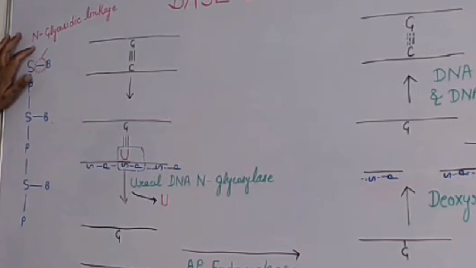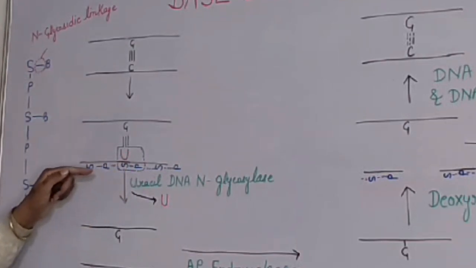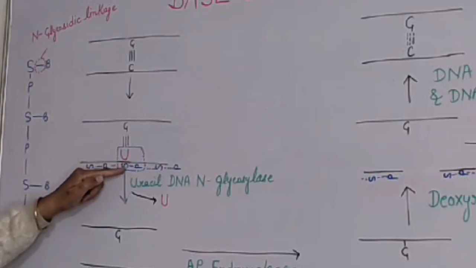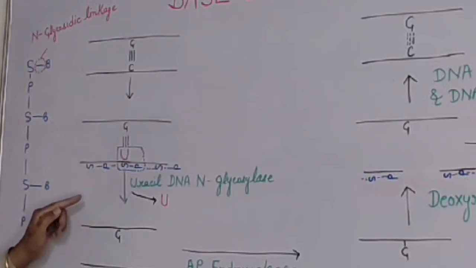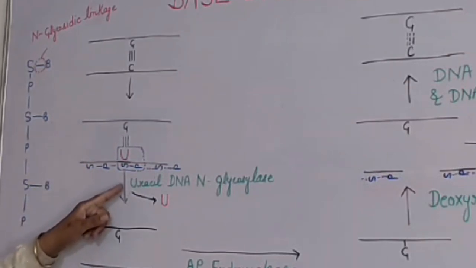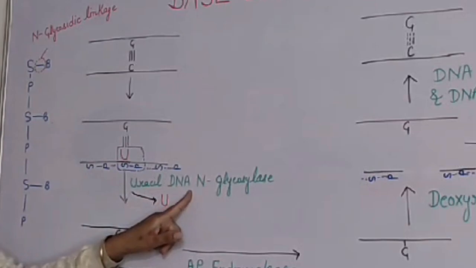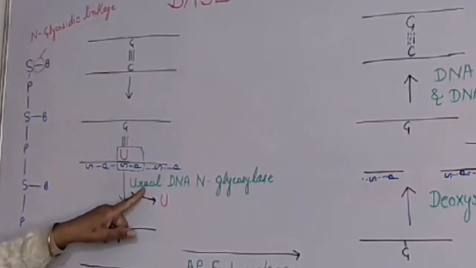So if we have to remove this wrong base, first we will have to break this N-glycosidic linkage. So first of all, the enzyme uracil DNA N-glycosylase comes in the present example.